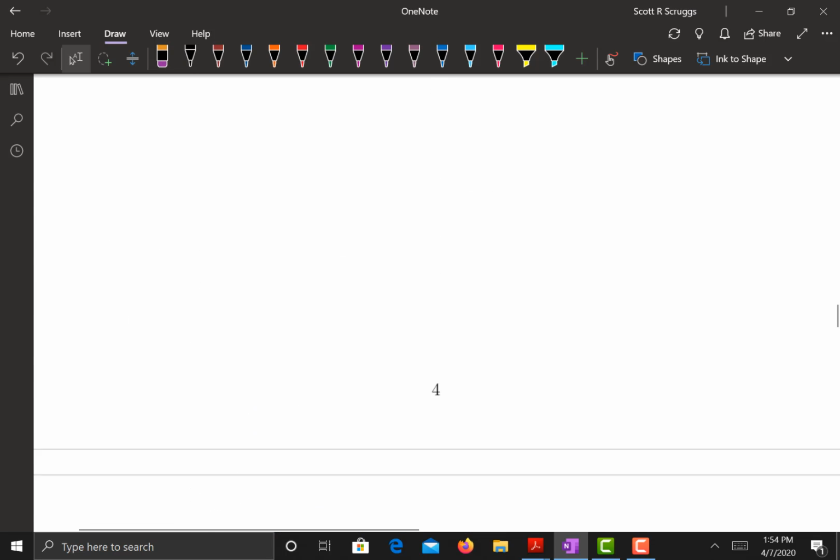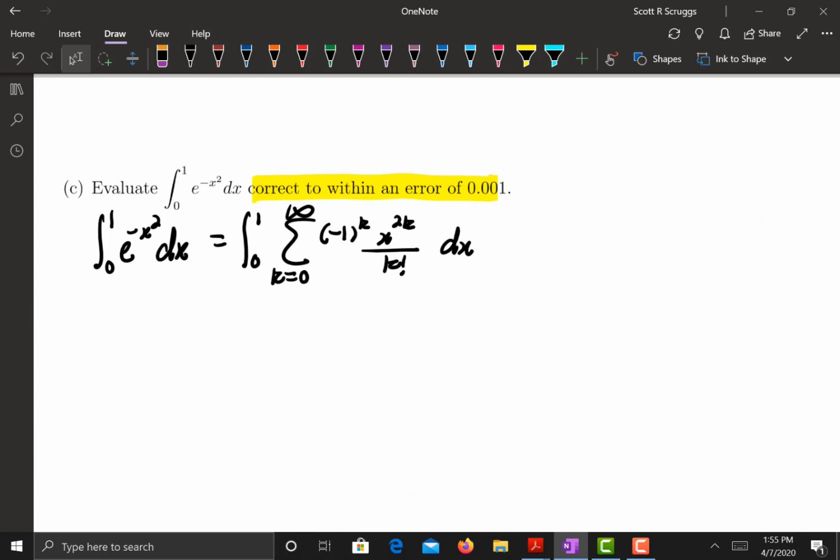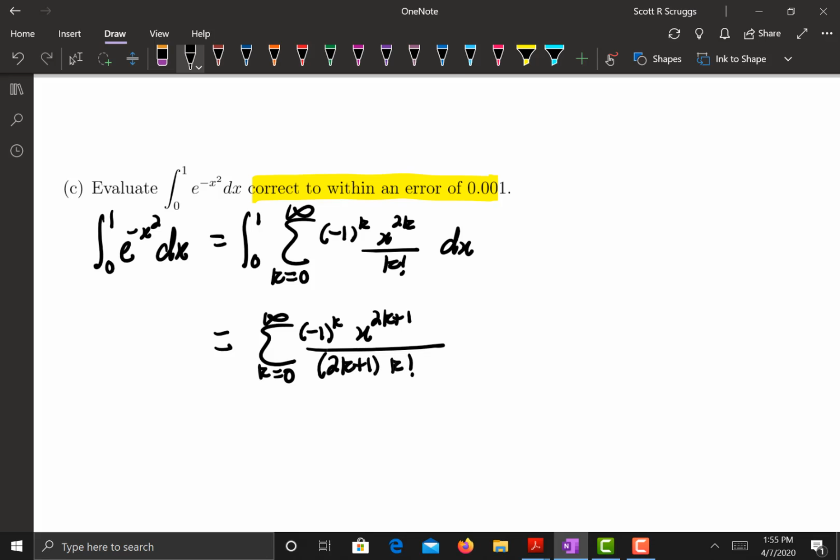But from part B, I already know what its antiderivative is, so I'm going to use that fact now and rewrite this problem as the sum from k equals 0 to infinity of negative 1 to the kth power x to the 2k plus 1 divided by 2k plus 1 times k factorial, because we found that to be the antiderivative of the power series of e to the negative x squared.